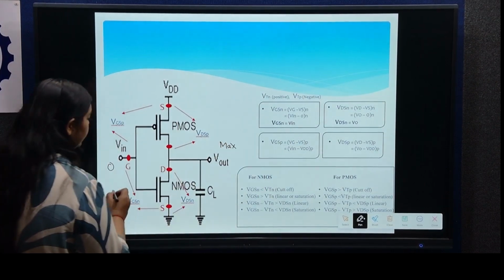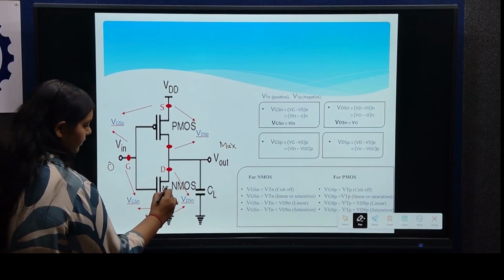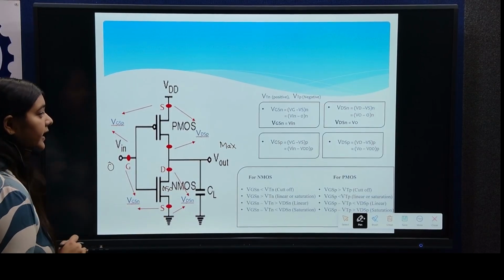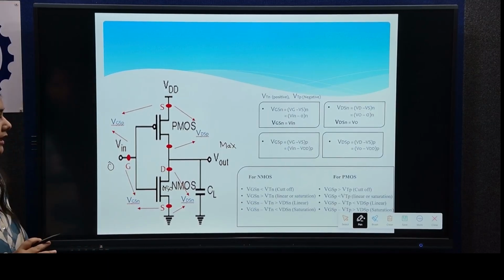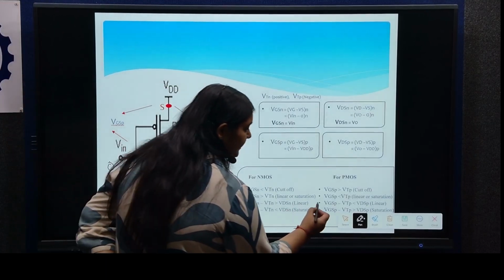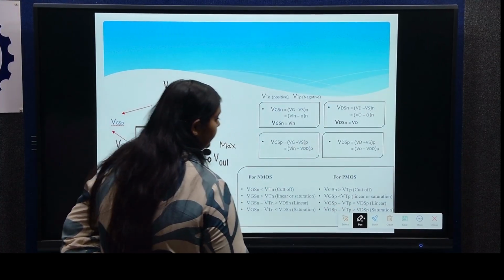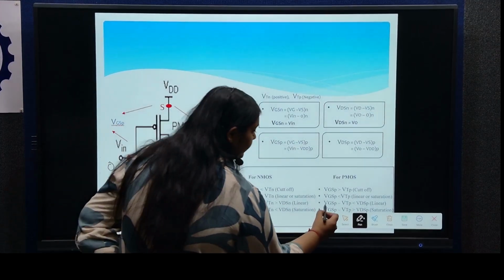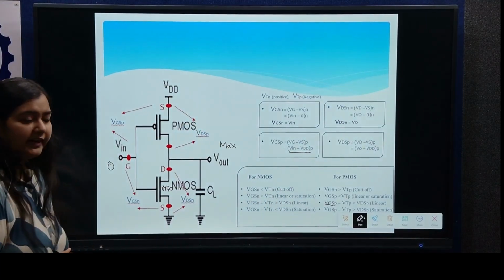NMOS will be off, and PMOS will be in linear region according to the VTC curve. Then what is VGSP here? VGSP is nothing but Vin minus VDD.